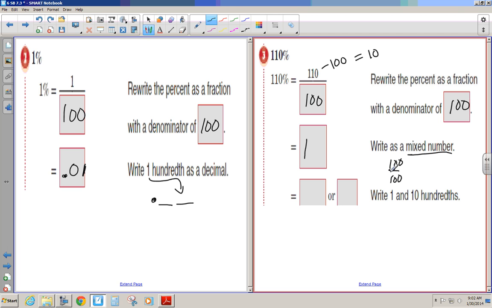So you would have 1 and 10 hundredths. As a decimal, 10 hundredths would be 0.10. So you would rewrite this as 1.10 or 1.1.